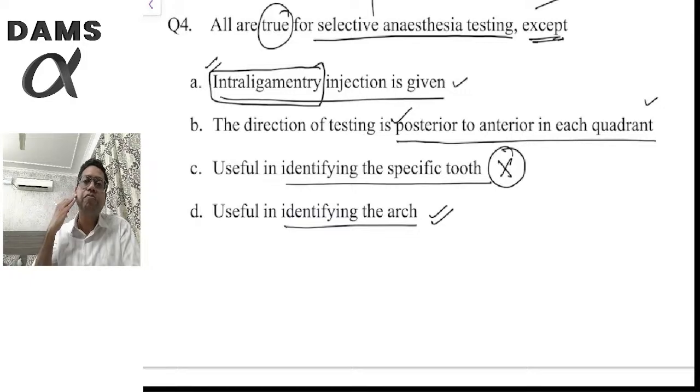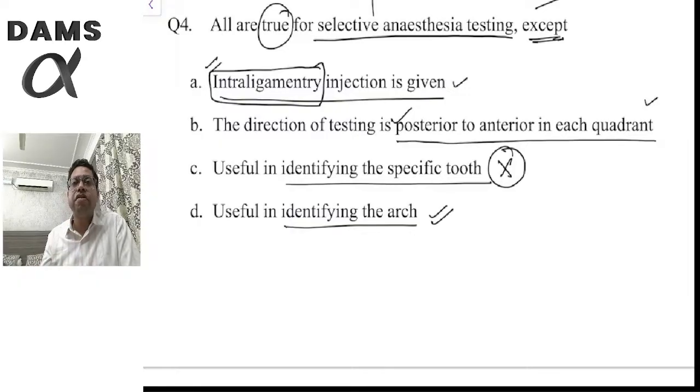We'll give posterior superior alveolar nerve block, middle superior, anterior superior like this. If the pain is relieved, one of the maxillary teeth is offending. If not, we'll wait for the anesthesia to wear off, then give inferior alveolar nerve block. And if the patient's pain is relieved, then one of the offending teeth is in the mandible of that quadrant.